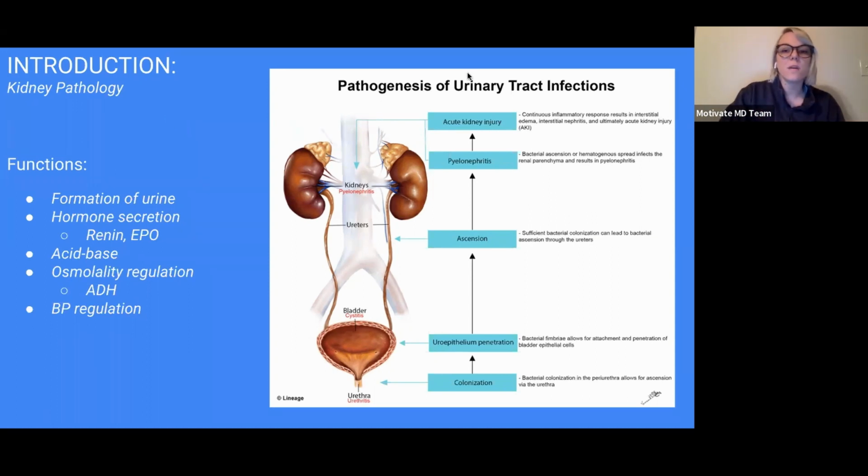And for women, we often talk about women being more susceptible to urinary tract infections because they have a shorter urethra. Men don't often get these, but when they do, they tend to be worse, and that's considered a complicated UTI, especially if it's sort of involving the prostate, so prostatitis.